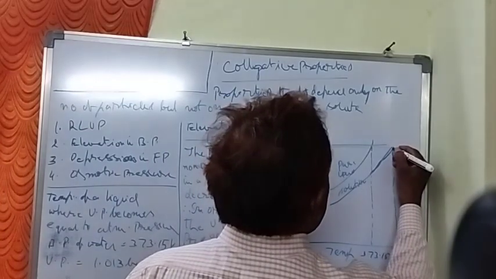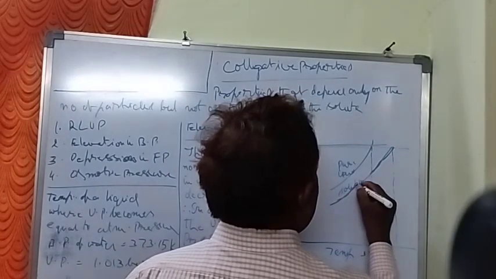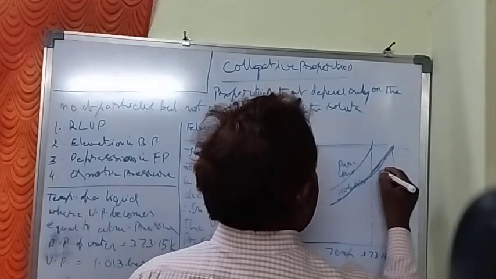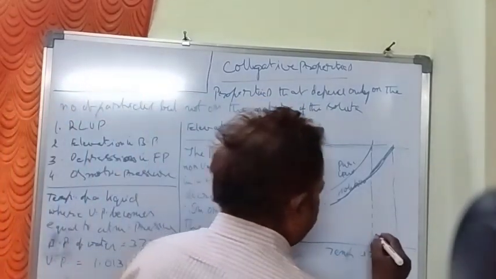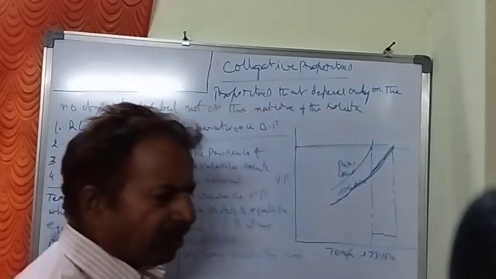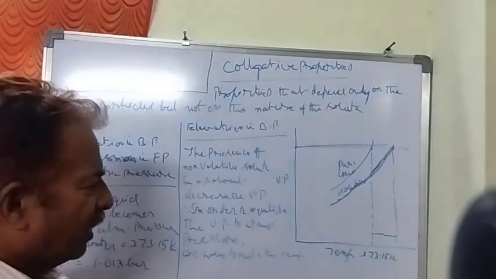This is the vapor pressure of the solution. Therefore, the temperature increases, and this difference is nothing but the elevation in boiling point.